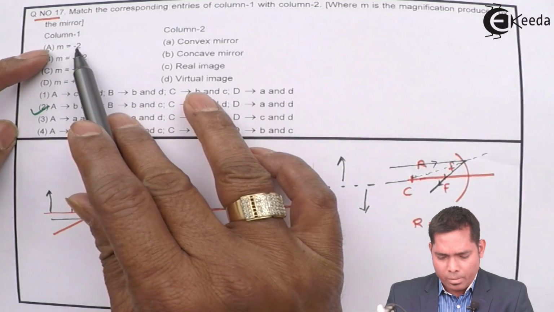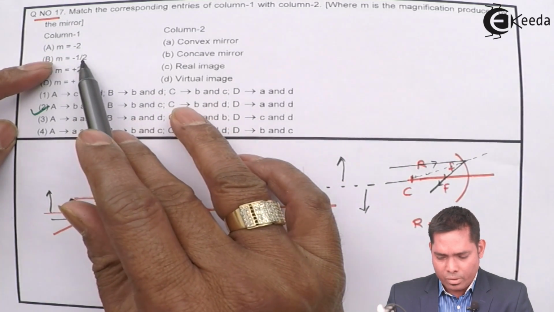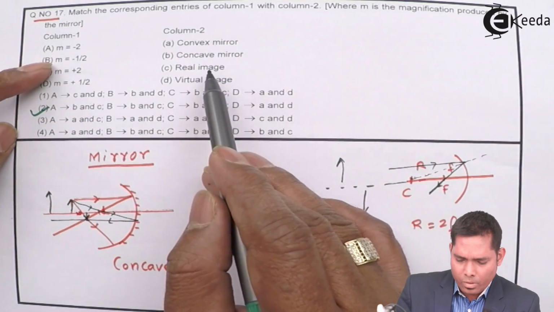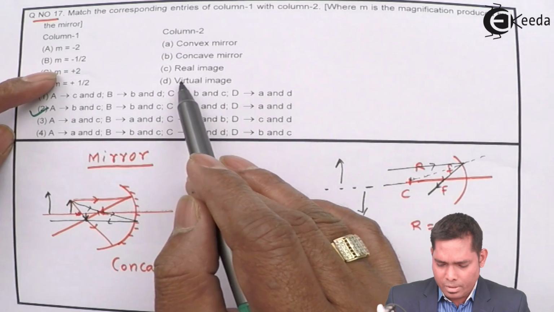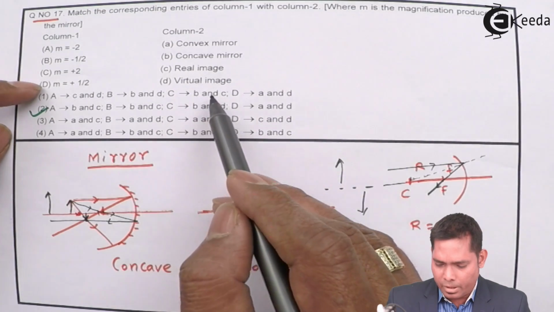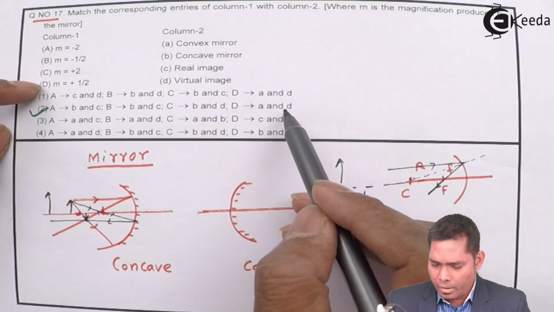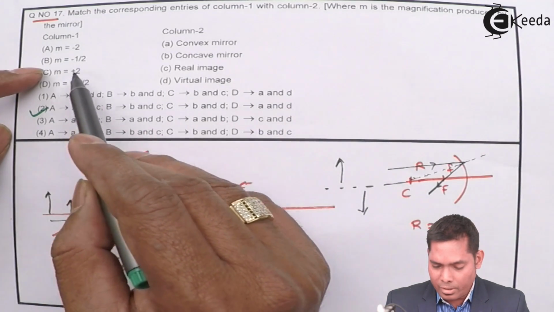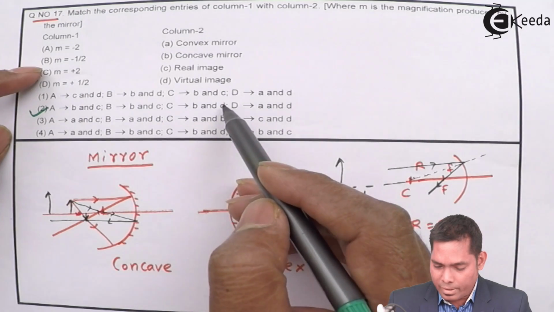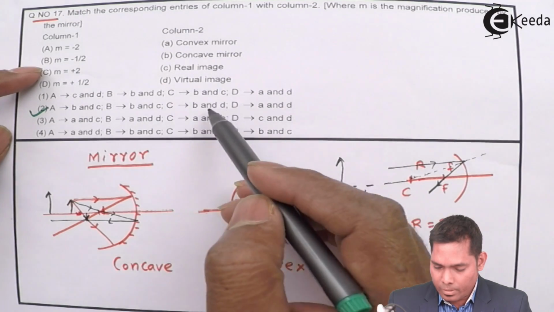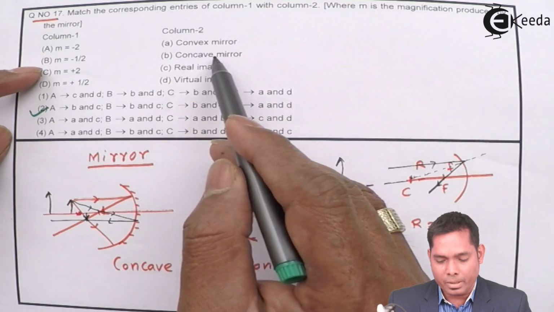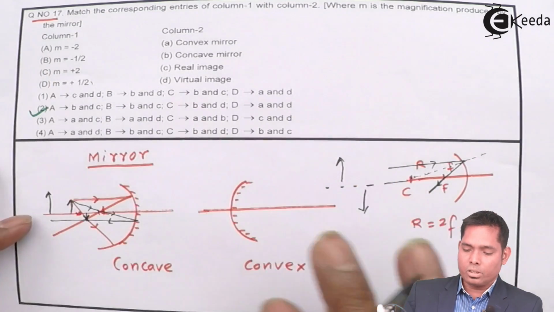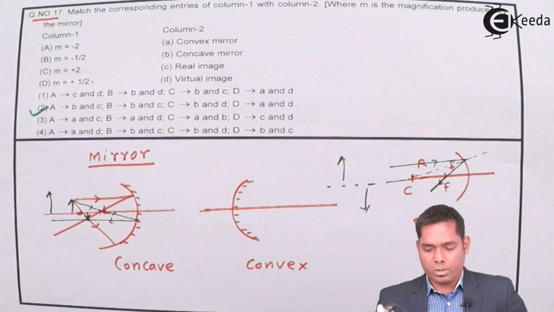M minus half, again the same thing. Positive virtual image means C and D must be D here, and this is magnified, so it is concave mirror, and diminished is convex mirror. So this is therefore the answer to this question.